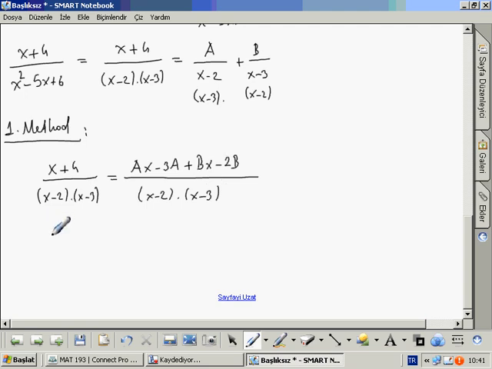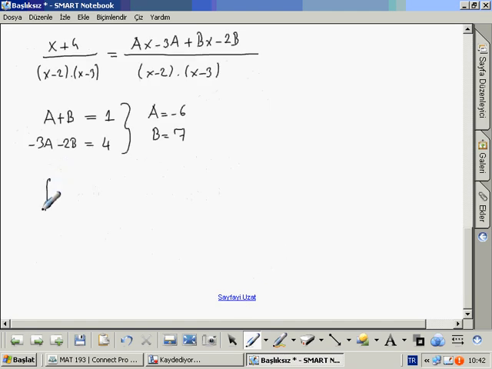And after that, for the first method, A plus B equals 1, and minus 3A minus 2B equals 4, and when you solve these equations, A will be minus 6 and B will be equal to 7, and of course you can check this part.